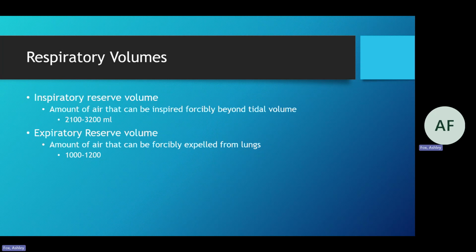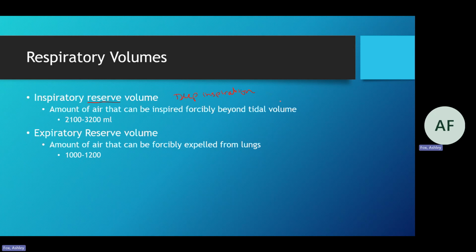Then you have reserve volumes. So this is going to be how much extra. How much extra air can you bring in with a deep breath, a deep inspiration? So you breathe normally, how much more air can you suck into your lungs? Again, it's individual.